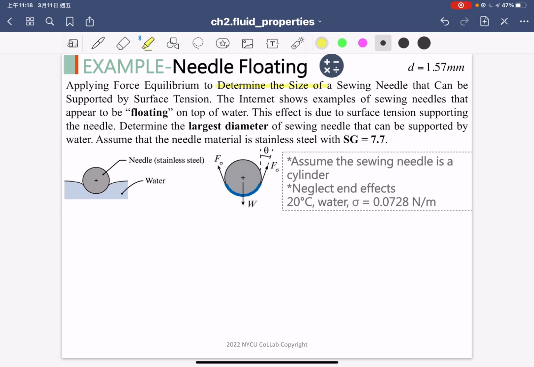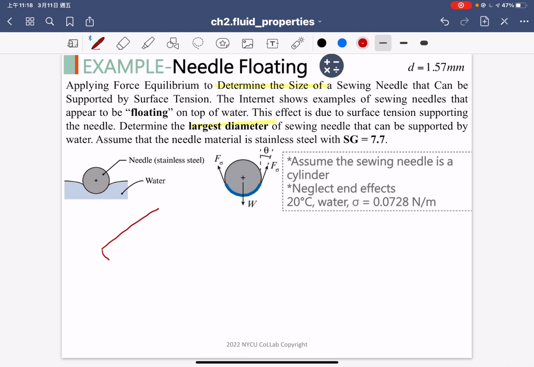Maybe some needles can float. So what is the largest diameter you can support? That's our problem: what is the largest diameter of the needle that can be supported by the water surface tension force?